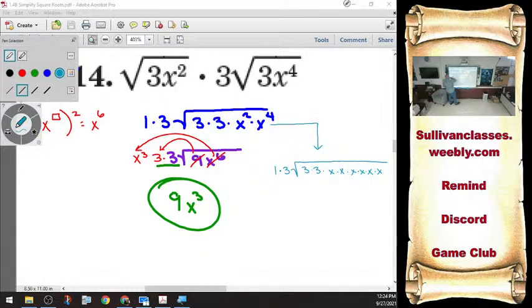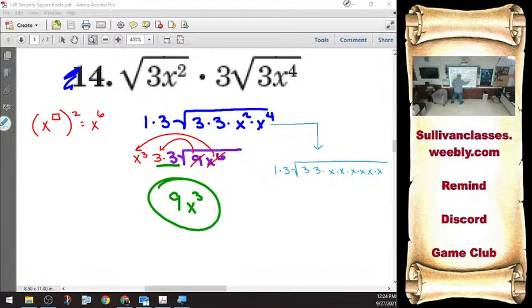Keep circling those pairs and bringing them outside. There's a pair of 3's, 1 gets out. A pair of x's, 1 gets out. A pair of x's, 1 gets out. A pair of x's, 1 gets out. Okay? So if you don't know your perfect squares, you can always write it out longhand and just keep taking out pairs. It's a good way to get unstuck.